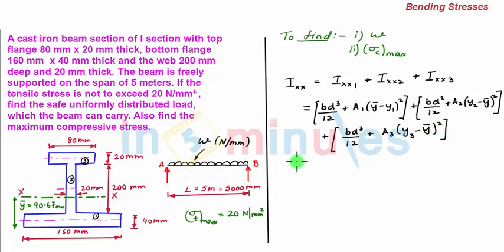So upon substituting the values, we get for part 1 B is 160, D is 40.